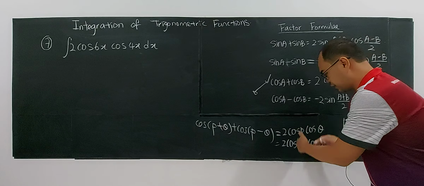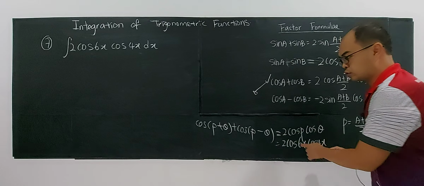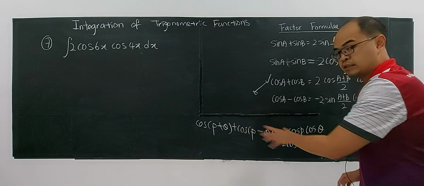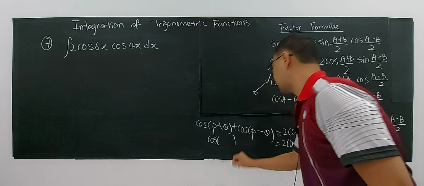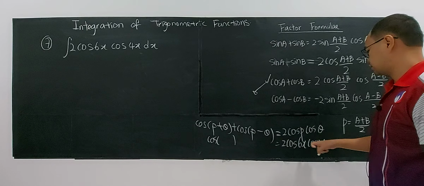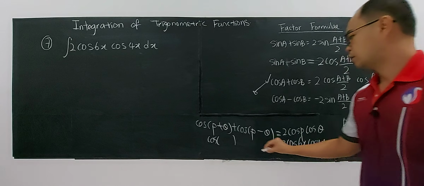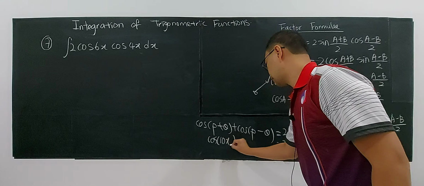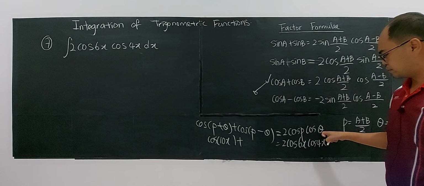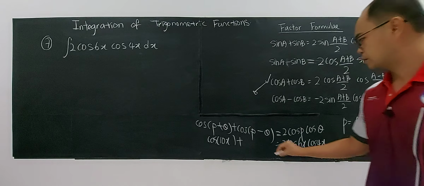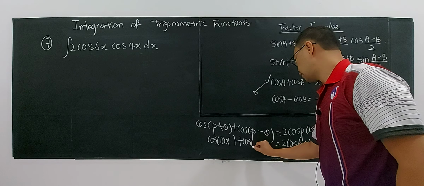I can't integrate this directly, so I have to use factor formula to help me write it in addition form. So then I have cos of P plus Q, so 6 plus 4, you have 10x, plus cos of P minus Q, 6x minus 4x, so you have 2x.